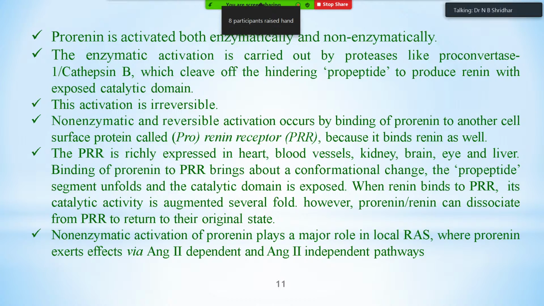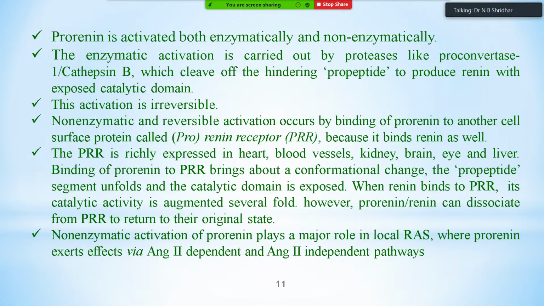This action is irreversible, whereas the non-enzymatic, reversible activation occurs by binding of prorenin to another cell surface protein called the prorenin receptor, or PRR, which is a very specific receptor for renin.